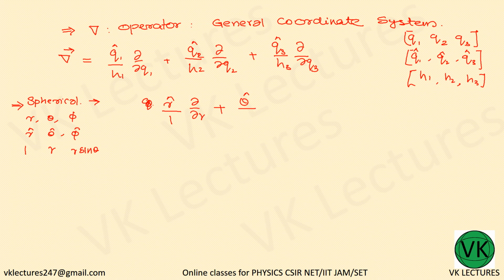This is r, dou by dou theta, plus what is q3 cap? Q3 cap is phi cap divided by r sine theta dou by dou phi. So this is the del operator in spherical polar coordinates. Okay, now let us write down the divergence.